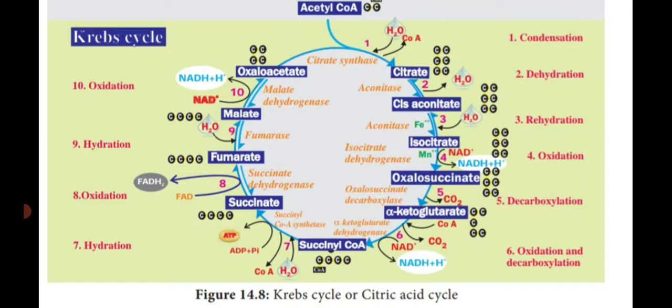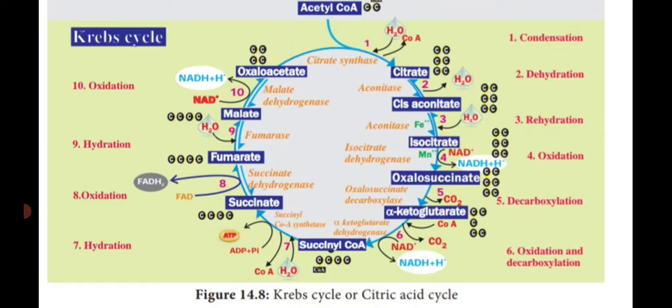The coenzyme NAD gets reduced into NADH2. We have already seen that NAD gets reduced; this oxidation process takes place in the 4th step, 6th step and also the 10th step. In the 8th step, the other coenzyme FAD gets reduced; that is another oxidation process.